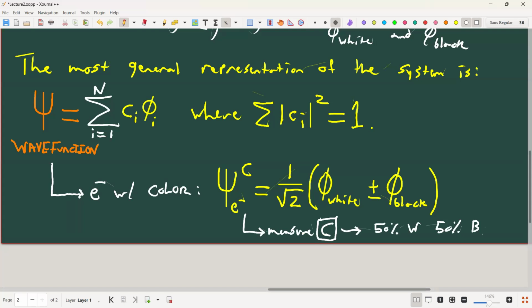There is an equivalent form of this wave function where it's hardness instead, where this is hard and this is soft. And we can maybe potentially think about what the wave function looks like for something that's completely undefined, no color, no hardness.